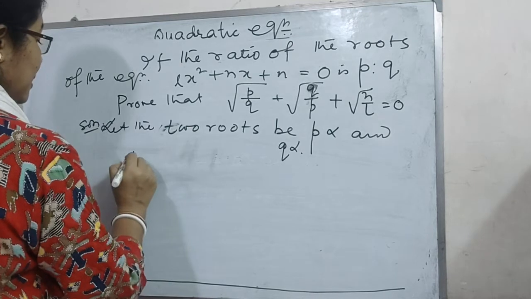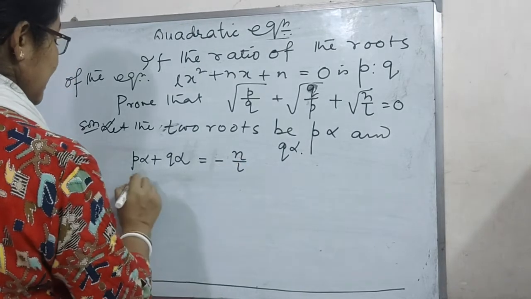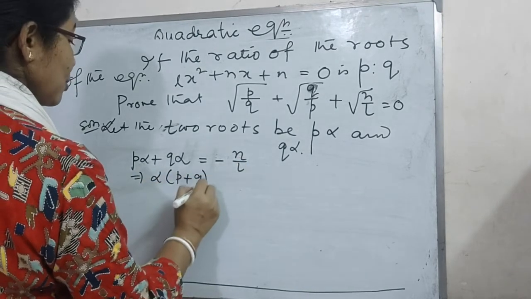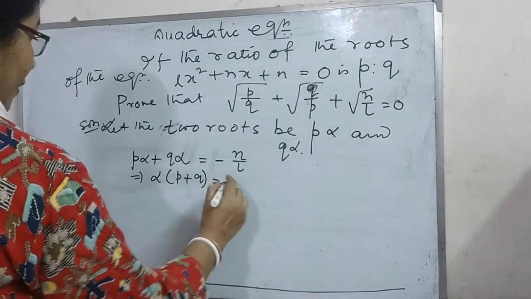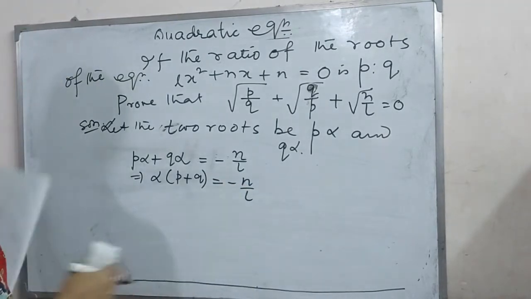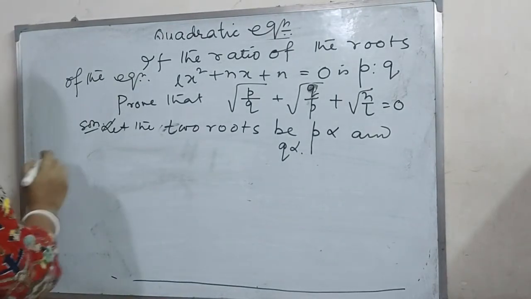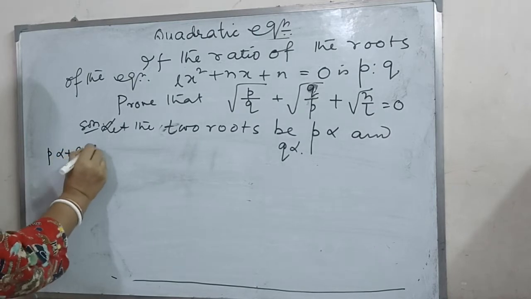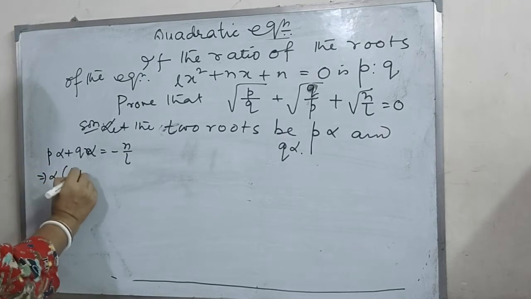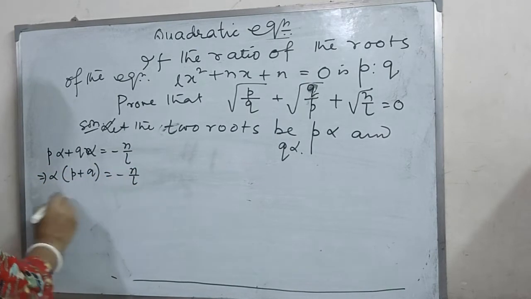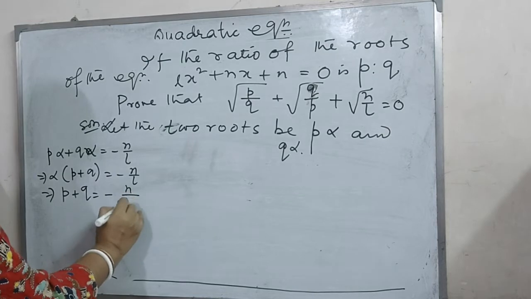From the equation we have P alpha plus Q alpha equal to minus n by L, that is alpha into P plus Q equal to minus n by L. I write it here: P alpha plus Q alpha equal to minus n by L, alpha P plus Q equal to minus n by L.